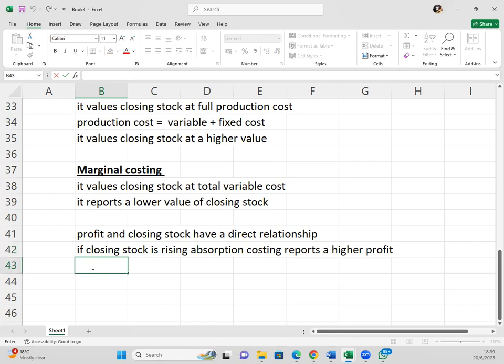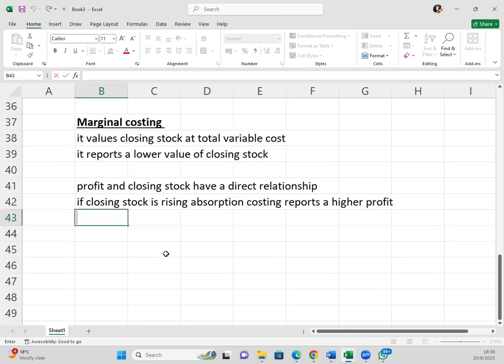Then if closing stock is falling, marginal costing reports a higher profit. So if closing stock is rising, we value it at a higher price, also resulting in a higher profit. Then we can reconcile the profit under absorption and profit under marginal.